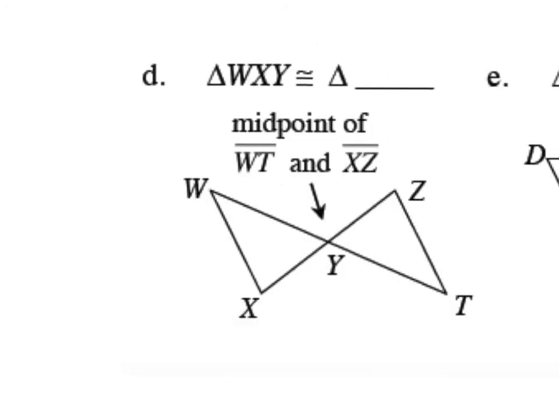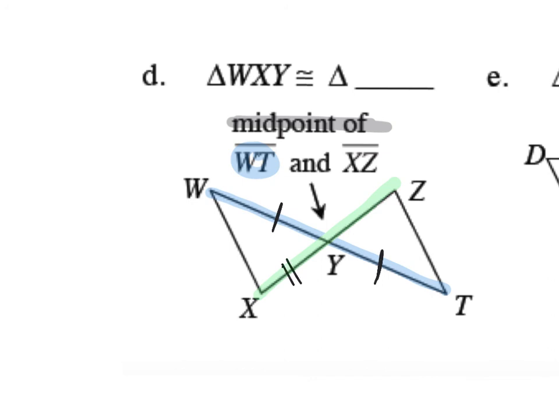We'll look at one more here. The only information it gives me in this diagram is that this point Y is the midpoint of WT and XZ. If it's the midpoint, it means it's in the middle. So I would know that WY is congruent to TY by definition of a midpoint.